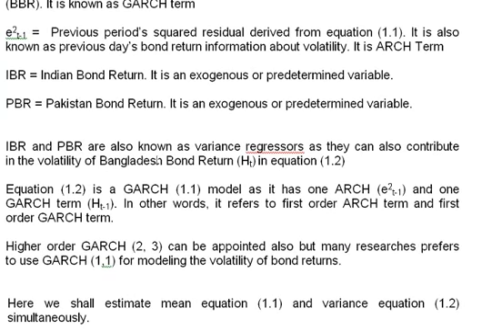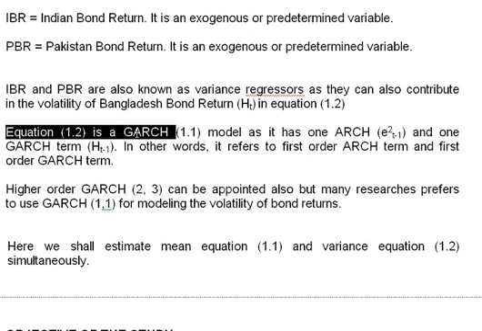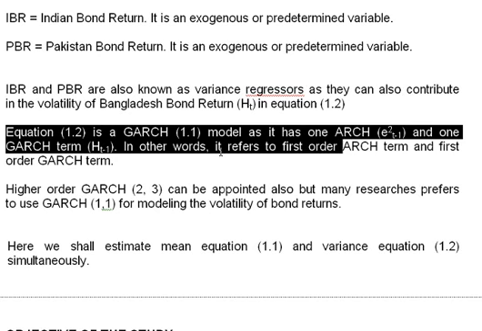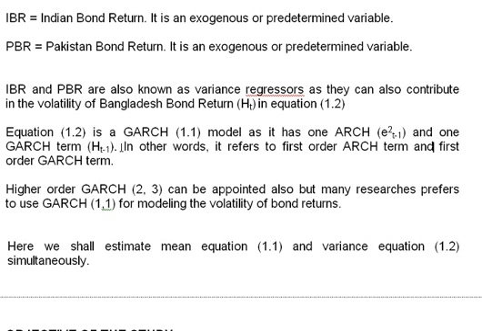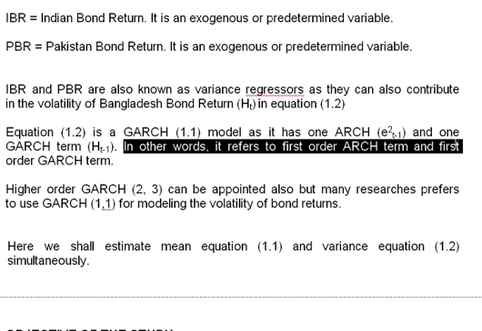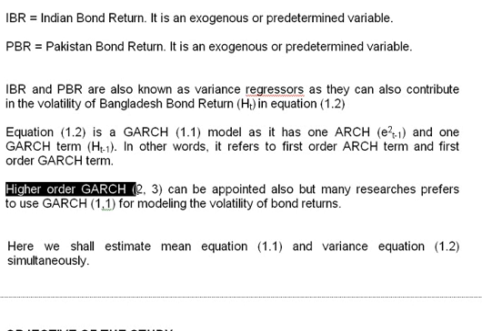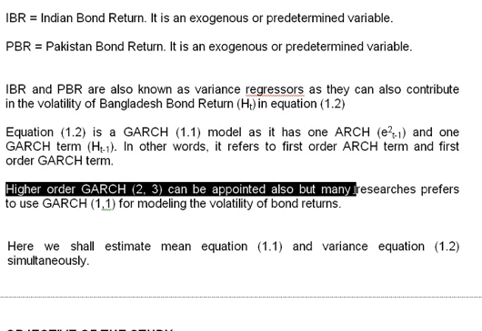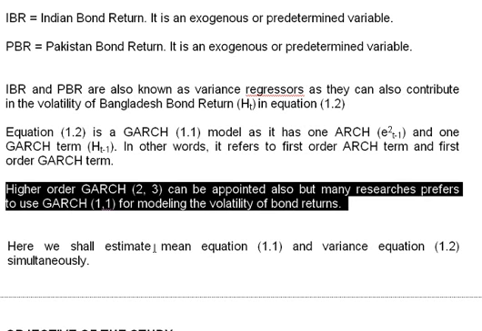Equation 1.2 is a GARCH(1,1) model, as it has one ARCH and one GARCH term. In other words, it refers to a first order ARCH term and first order GARCH term. Higher order GARCH, 2 and 3, can be applied also, but many researchers prefer to use GARCH(1,1) for modeling the volatility of bond return.